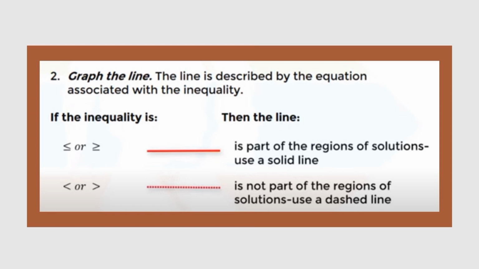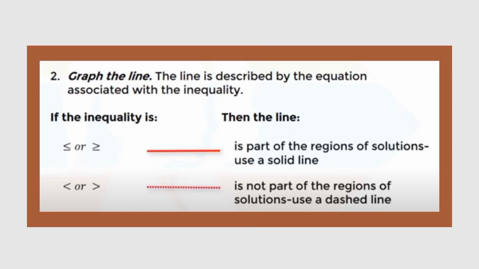On the other hand, inequalities that use less than or greater than symbols are plotted with a dashed line. Why do we use a dashed line? This is to show that the line is not included in the region.